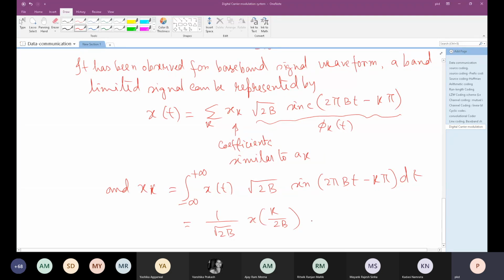So this is sampled at the Nyquist interval, delta t equal to 1 by 2B, B is the bandwidth.